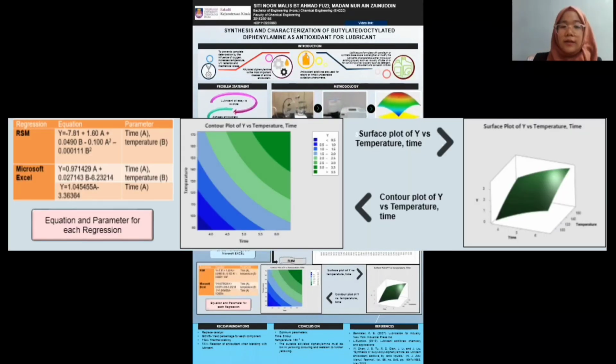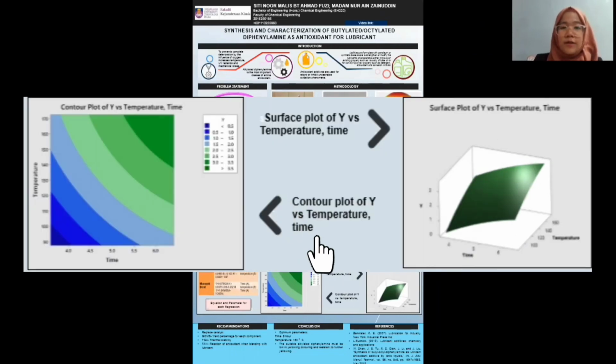RSM. The design of experiment for this study is constructed using response surface methodology to obtain the optimization for different parameters in liquid formation of BODPA. This technique uses factorial design where the main effect of a factor is defined as variation in response caused by a change in level. Figures shown in the poster represent the three-dimensional response surface plot and contour plot of response Y towards time and temperature.